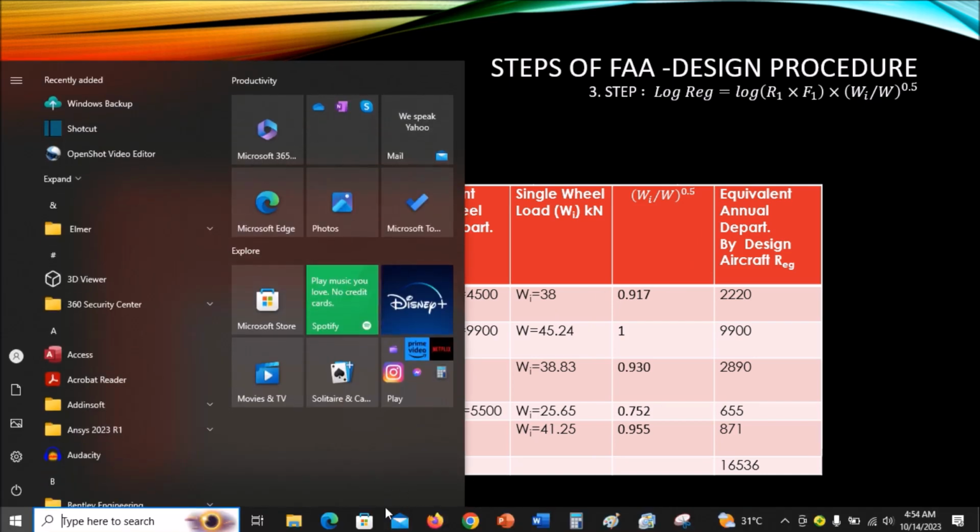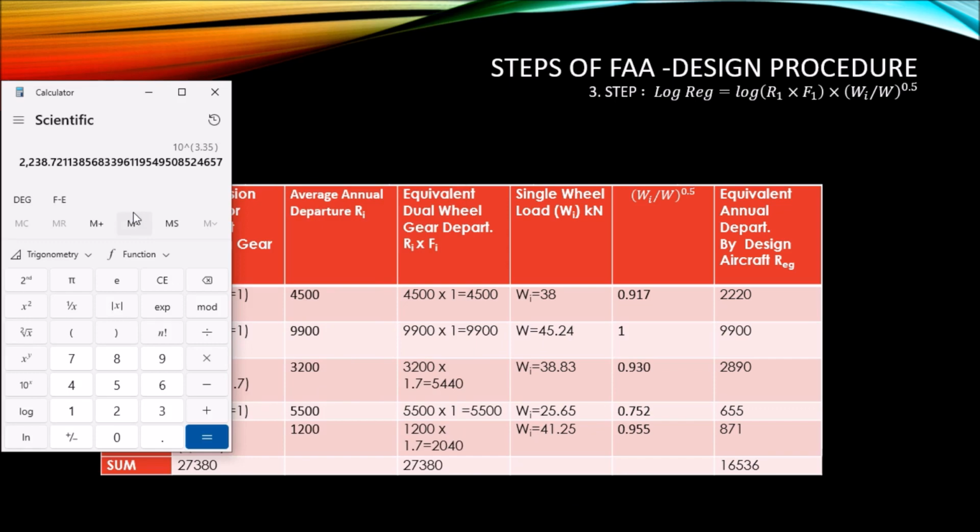What we need to do is that we already have this value here, rho subscript I multiplied by F subscript I. We have it here, 4005. We multiply it by 0.917, which is this, raised to power 0.5. So we multiply this by this. But first of all, we have to find a logarithm of this value. So we find a logarithm, back to our calculator.